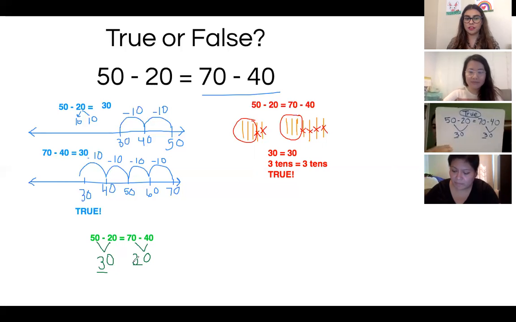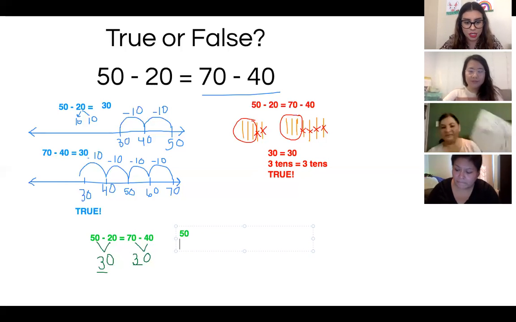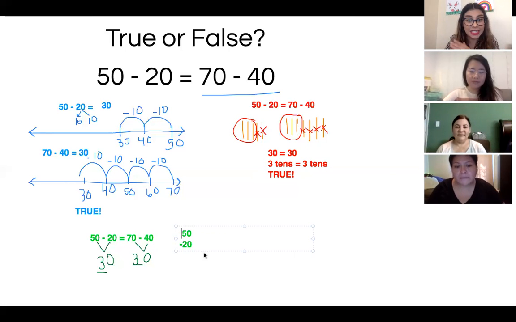30 equals 30. And that made me think of actually writing it vertically, because that might help us really visualize that and what you did, Ms. Hernandez. So if we were to do it like this, 50 minus 20, our friends can clearly see just what we did here, that we drop down 0 minus 0 is 0, and then 5 minus 2 is 3, right?